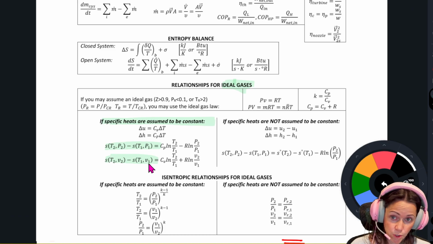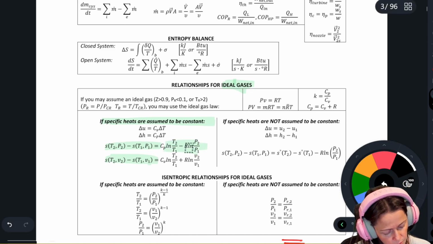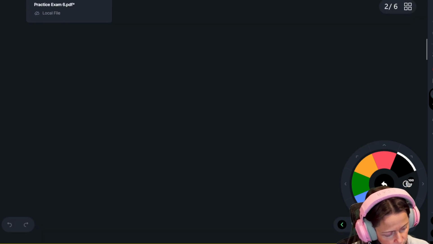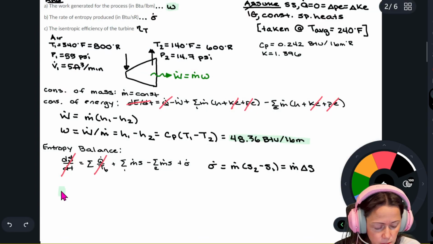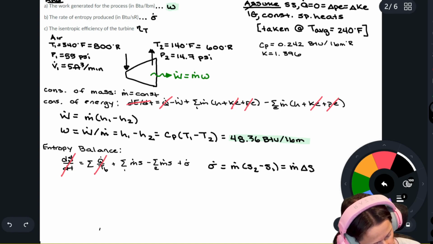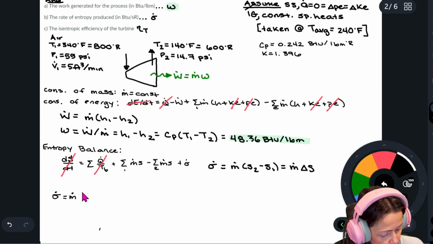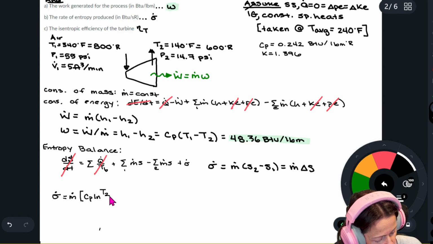Since I know the pressure ratio, that's probably the one that I'm going to use, and we use this one right here. So my sigma dot is going to be equal to m dot times our delta s, which is the same thing as Cp natural log T2 over T1 minus R natural log P2 over P1.